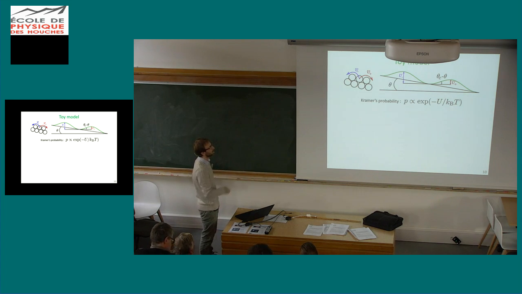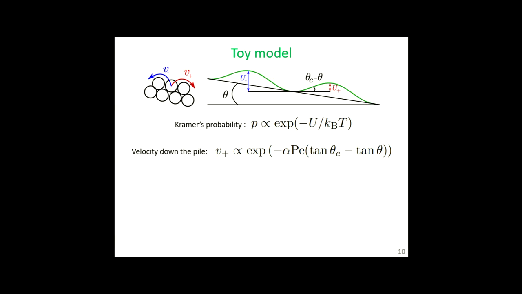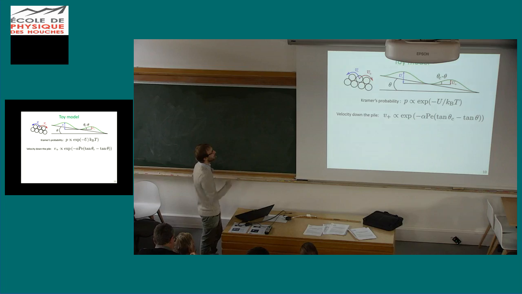So we will have a Kramers probability, so the probability to jump in one direction is simply proportional to the exponential of minus the height of the barrier divided by kT. If you do that, then you find that the velocity down the pile is proportional to the exponential of minus alpha times the Peclet times the tangent of the threshold angle minus the tangent of the angle.